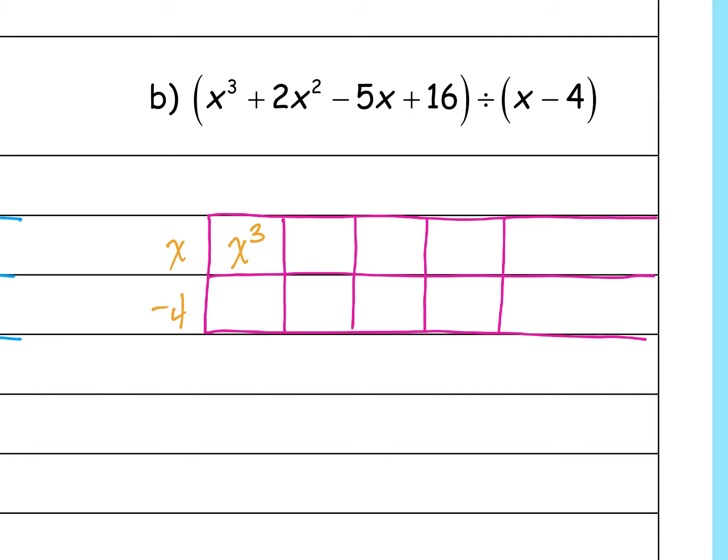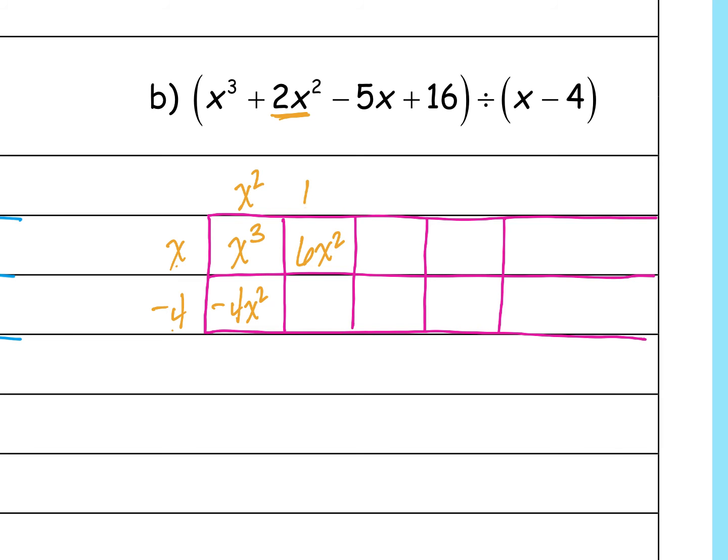So what do I multiply x by to get x cubed? That would be x squared. And x squared times negative 4 is negative 4x squared. And then I need 2x squared, so 6x squared? Yeah, that should be 2x squared.